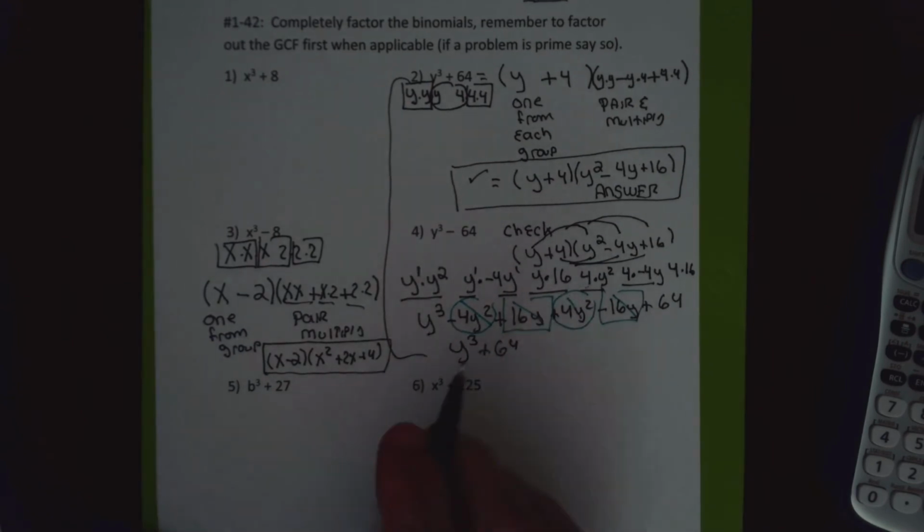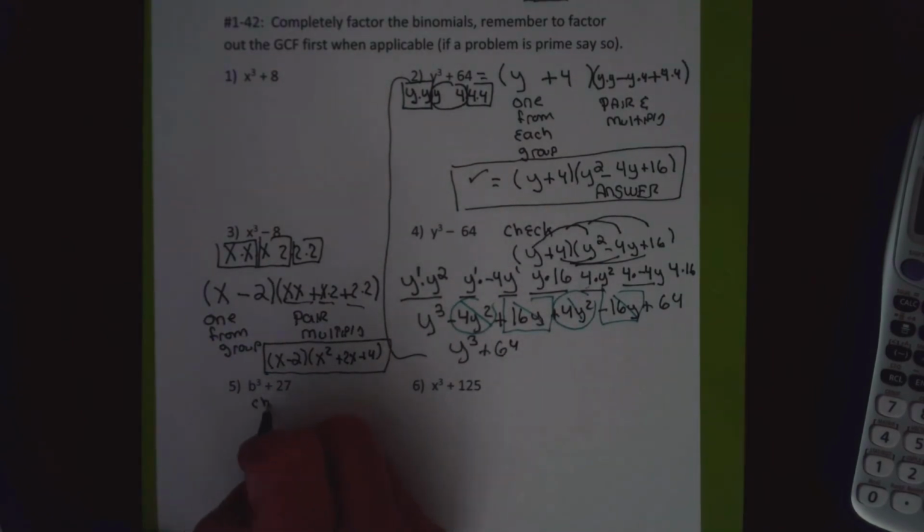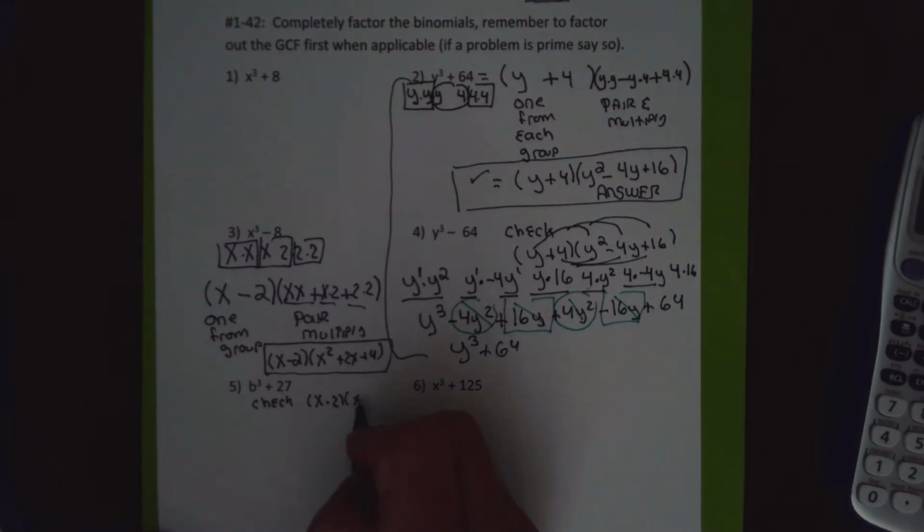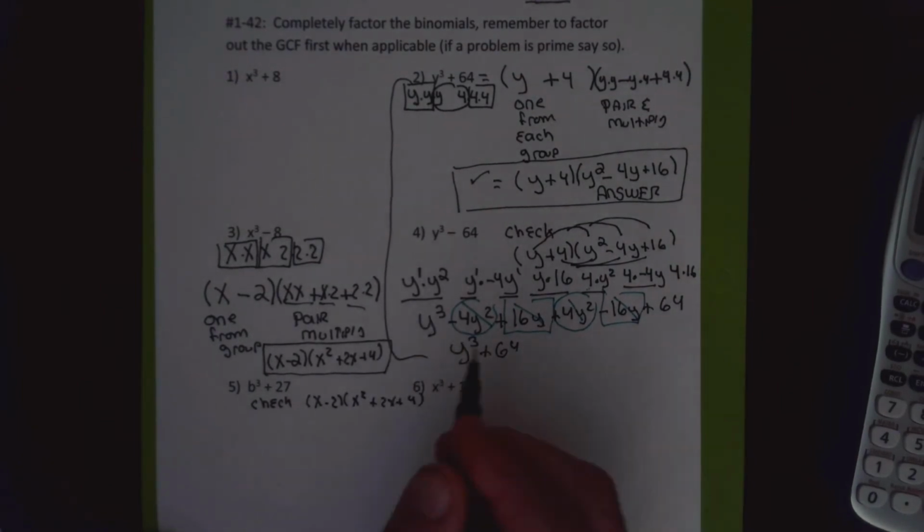Let me check, and this will be the last one I check. So to check, I need to multiply x minus 2 times x squared plus 2x plus 4. 6 multiplications need to be done.